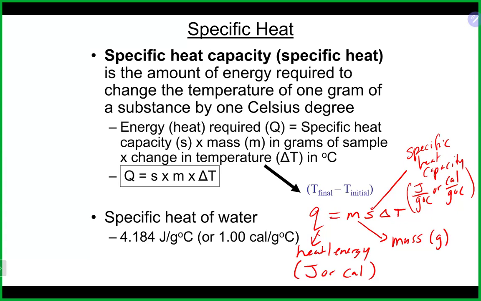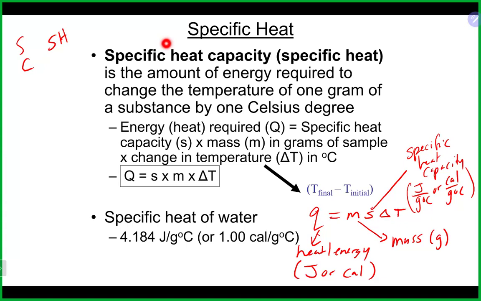Also, in terms of the letter, I personally, once again, use S. Some books will use C for specific heat capacity. Some books will even use SH. So if you see any combination thereof, that is basically talking about specific heat capacity. It's basically the same thing.